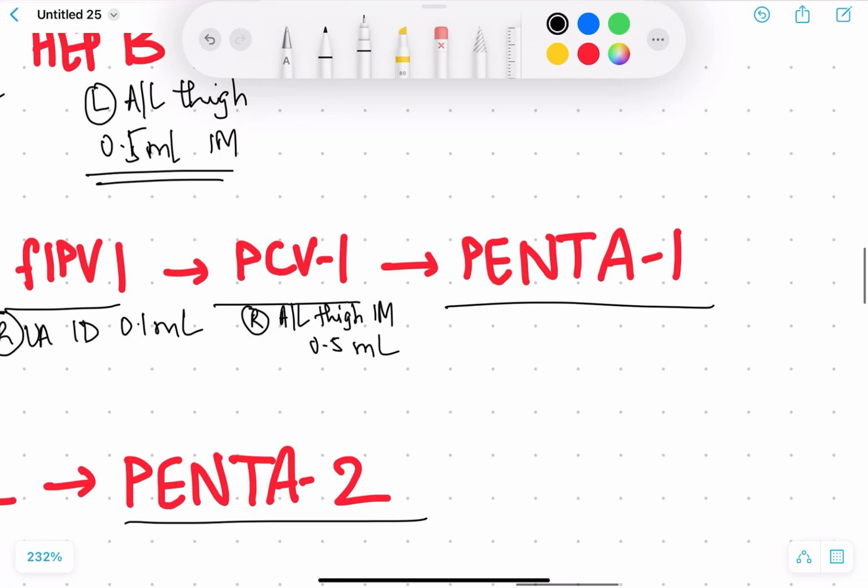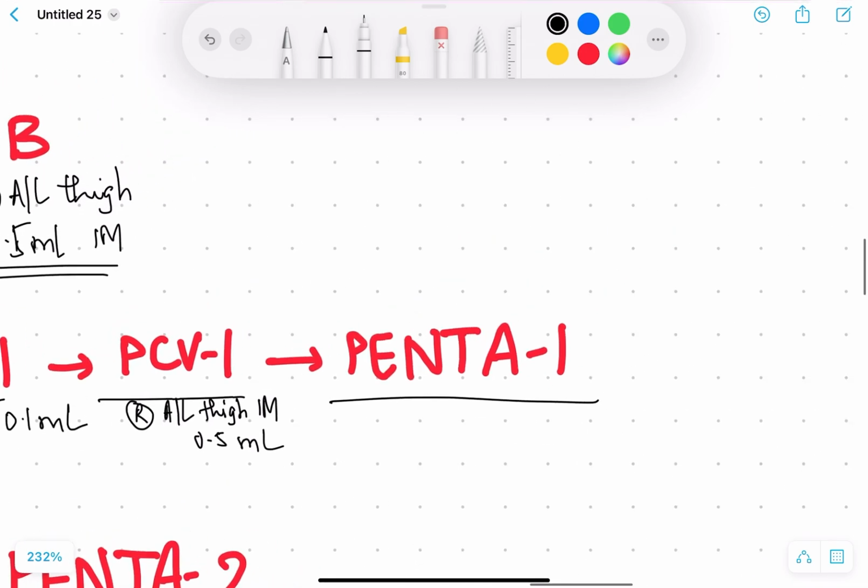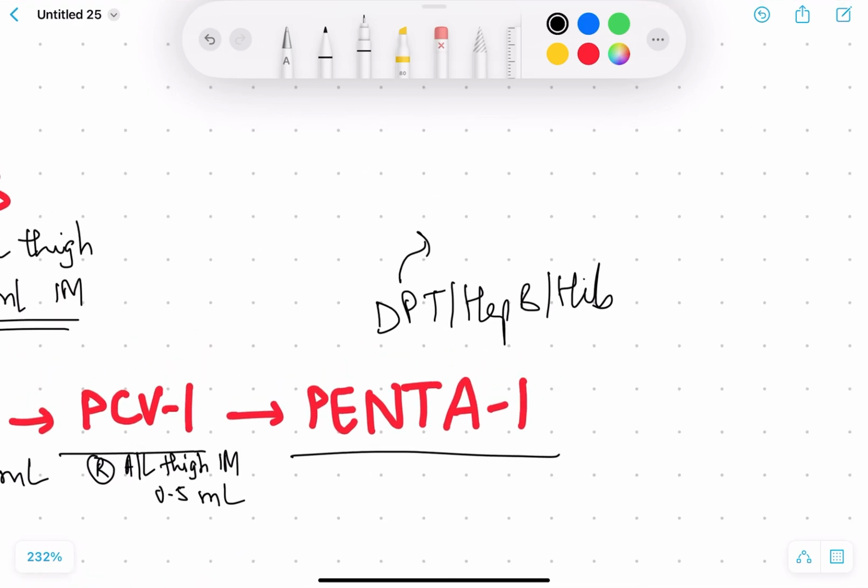And Penta is the one that is left. Now please remember, pentavalent contains D, P, T, Hep B and Haemophilus influenzae. Now this pertussis component of Penta and DPT booster, when we will give it later, it leads to an inconsolable cry as a side effect, and it leads to also sometimes neurologic deficits.